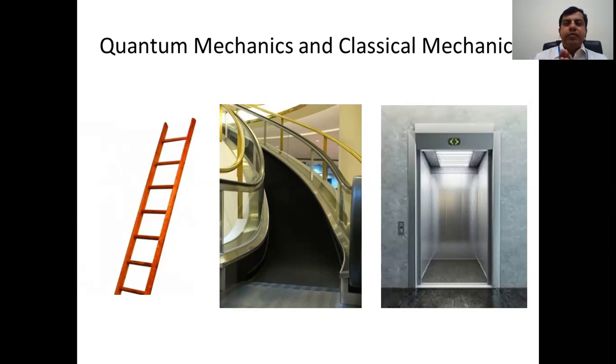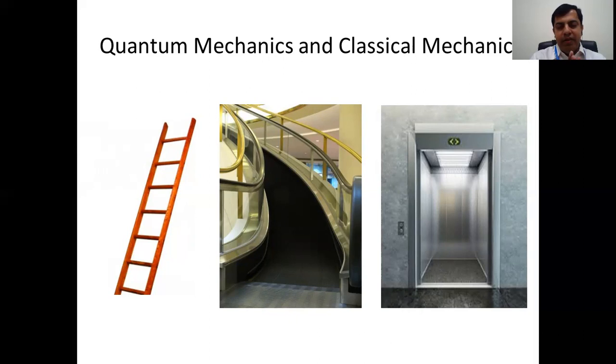So I'm going to differentiate between quantum and classical mechanics by using three pictures. Just think in your mind, after looking at all three pictures, are you able to differentiate between quantum and classical mechanics?